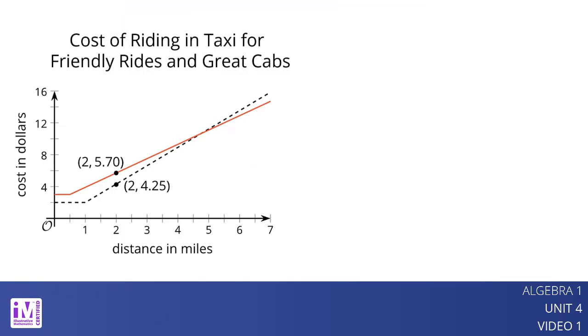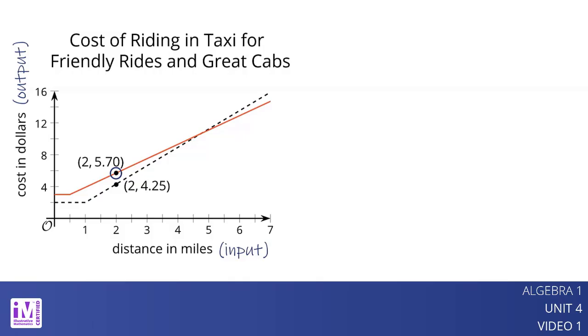Here are graphs of two functions, each representing the cost of riding in a taxi from two companies, Friendly Rides and Great Cabs. For each taxi, the cost of a ride is a function of the distance traveled. The input is distance in miles, and the output is cost in dollars.